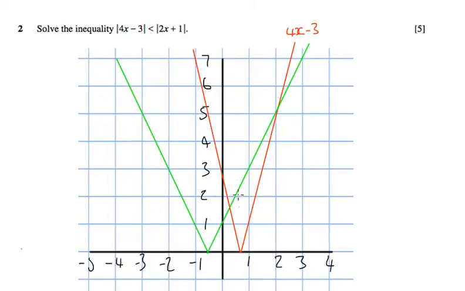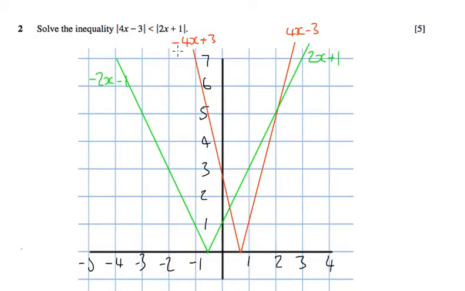This line here was the reflection when it went negative. So this is minus 4x plus 3. And similarly for the green one, here we've got 2x plus 1. But here we've got minus 2x minus 1.